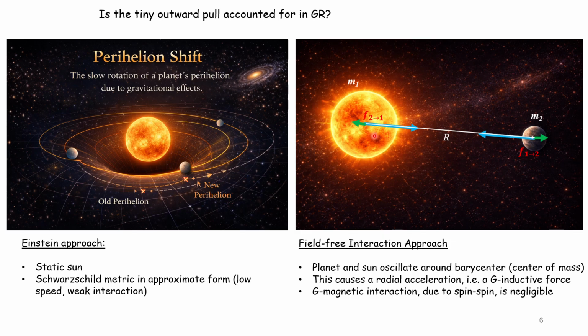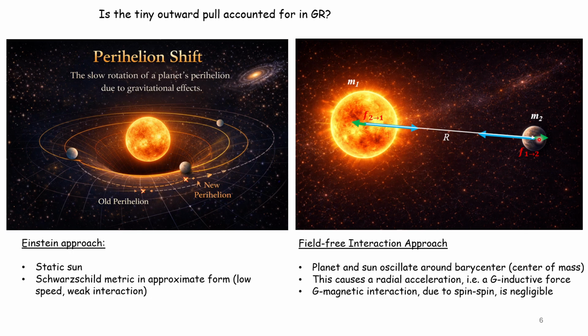So that's an inductive effect, a gravito-inductive effect. The acceleration of the Sun gives a gravito-inductive force on Mercury. And our hypothesis is that that is this extra gravitational pull that is needed. We have to do the calculation to check.